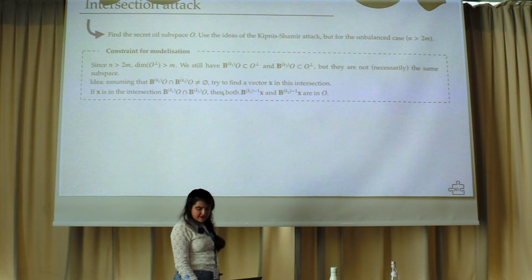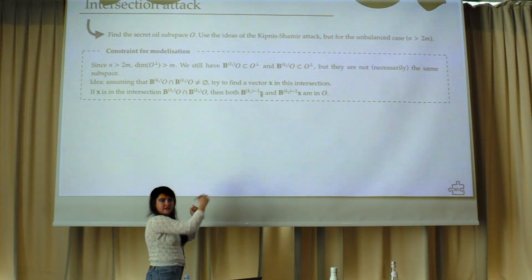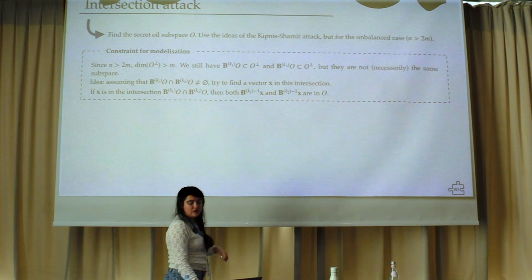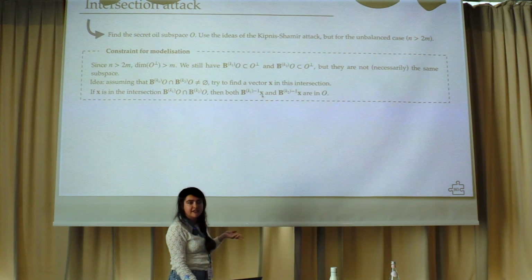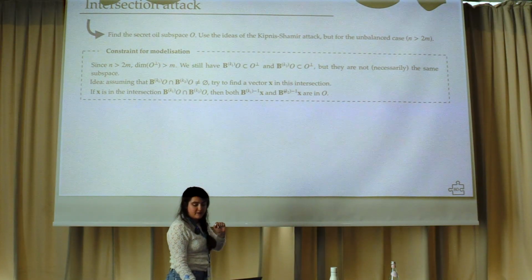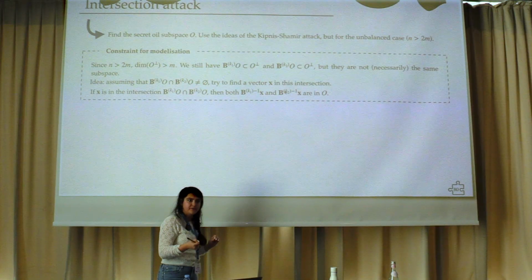If x is in the intersection, then by definition it means that this vector x was obtained from an oil vector by applying this transformation described with the B matrix, okay? So it means that B to the K1 inverse times x is an oil vector, right? And the same with B to the K2 inverse times x, it is also an oil vector, okay?